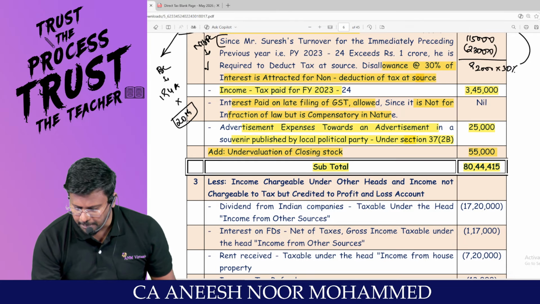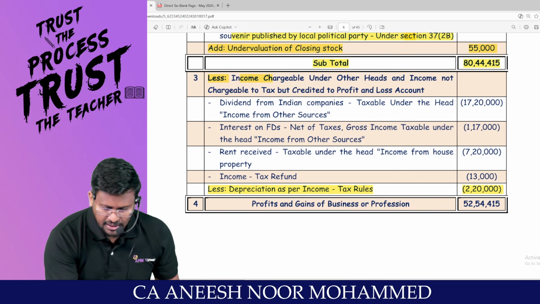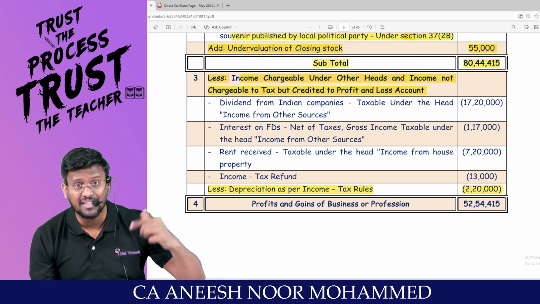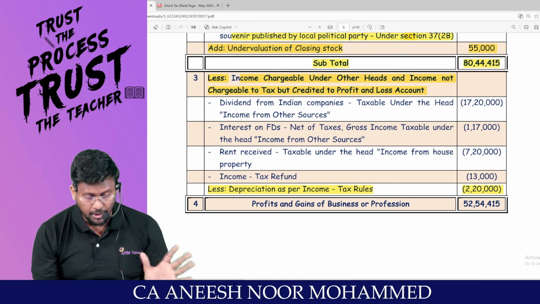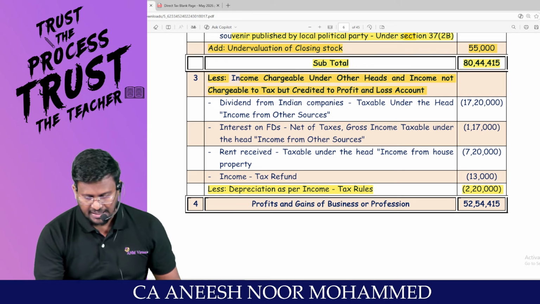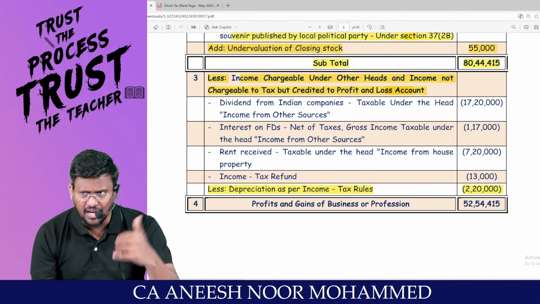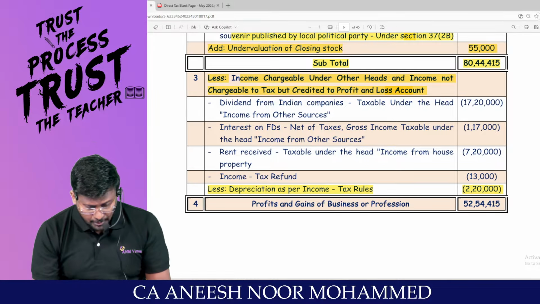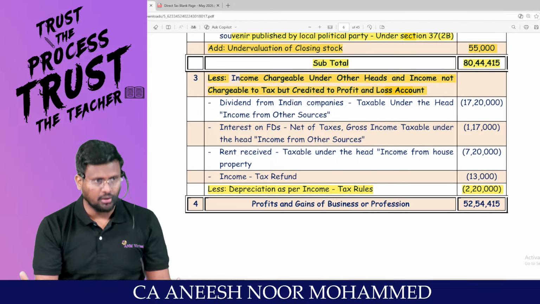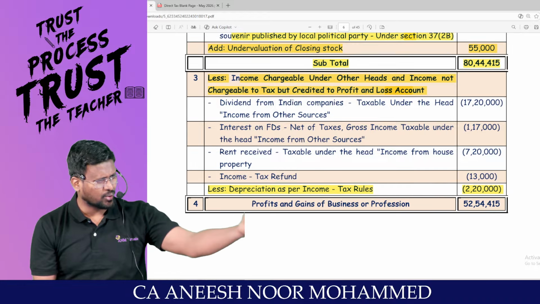You will be getting a subtotal of this much amount. Less: income chargeable under other heads of income, not chargeable to tax but credited to what account? P&L account. That means certain incomes are there which have to be taxed under other heads of income. Or, my dear lovable students, it may not be taxable at all, but it has been unnecessarily credited to P&L account.